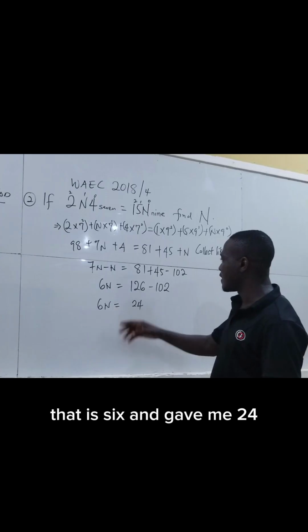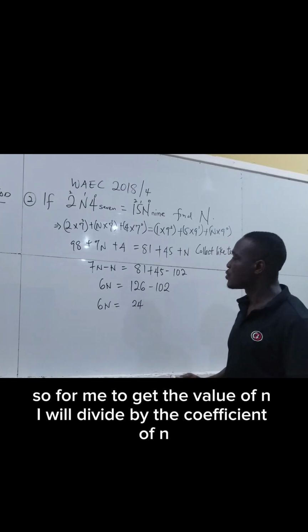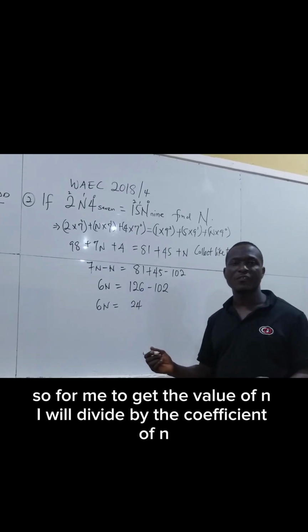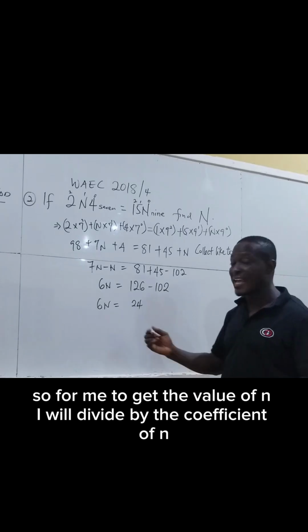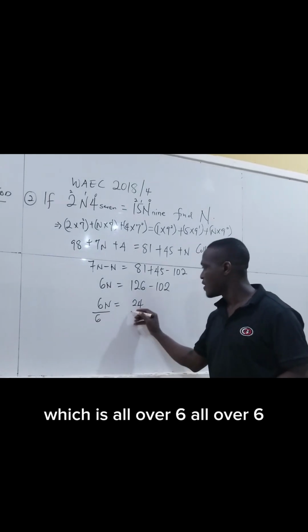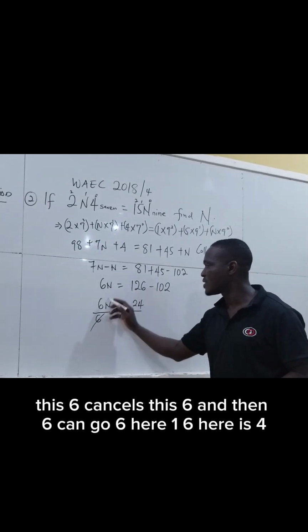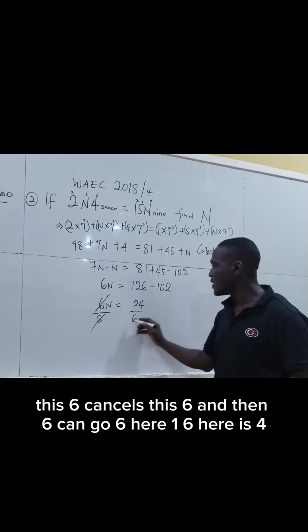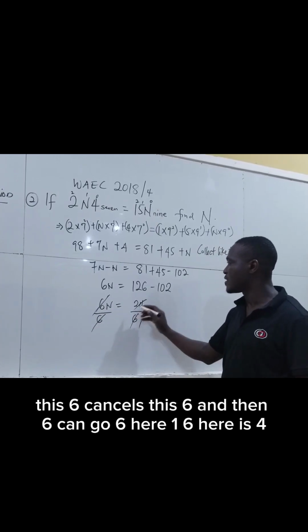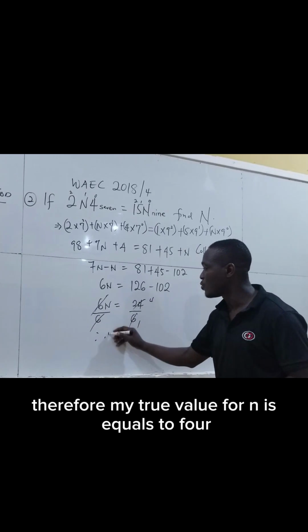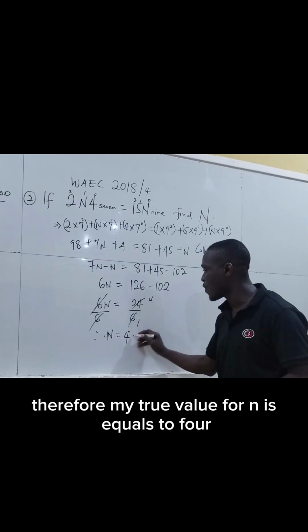That is 6n gave me 24. So for me to get the value of n, I will divide by the coefficient of n, which is 6. All over 6. This 6 cancels this 6. And then 6 can go. 6 here 1, 6 here is 4. Therefore, my true value for n is equals to 4.